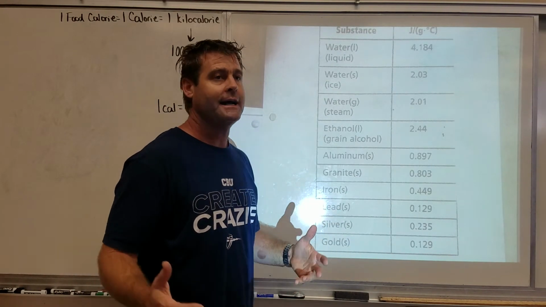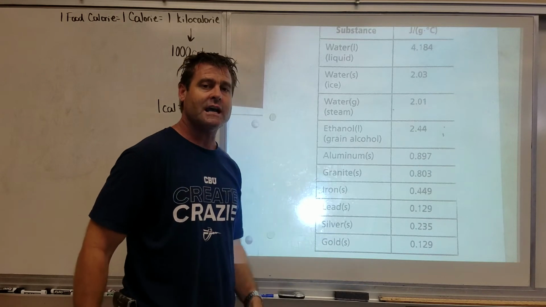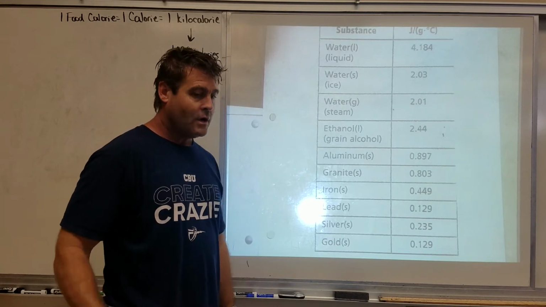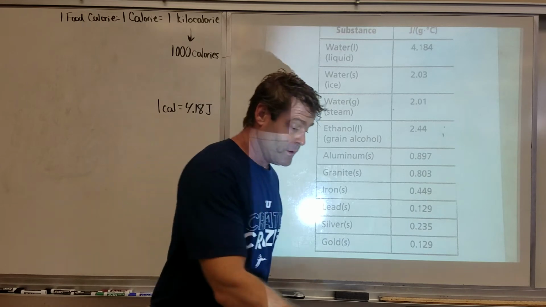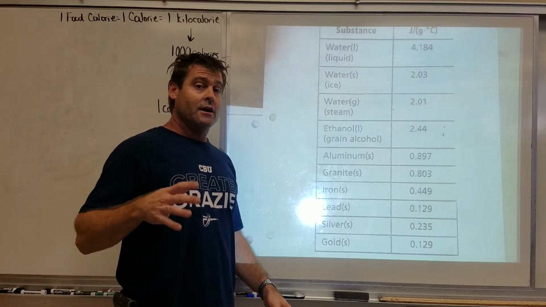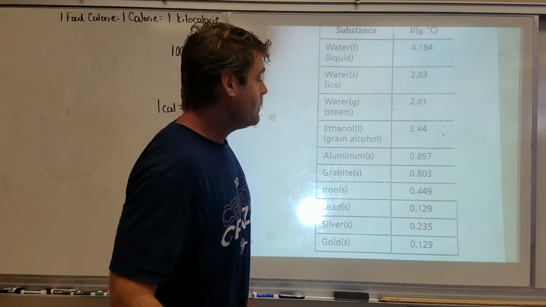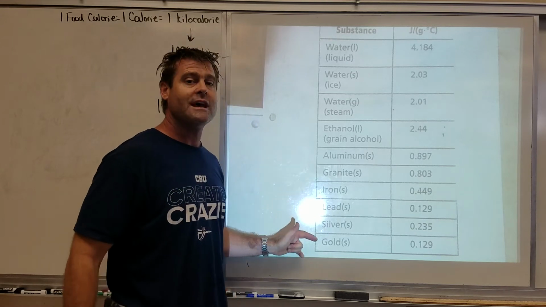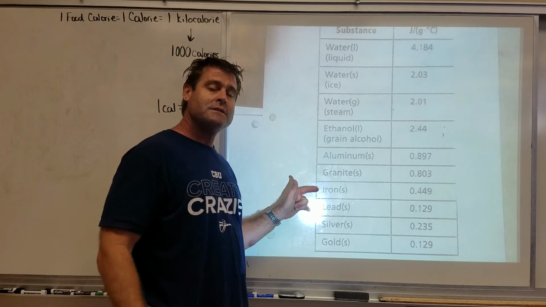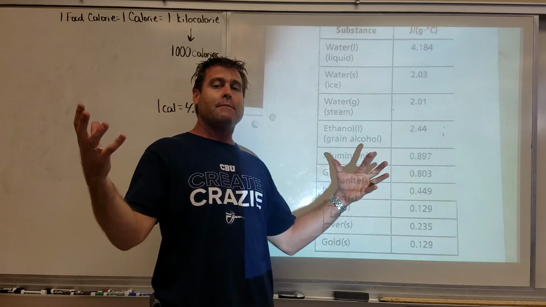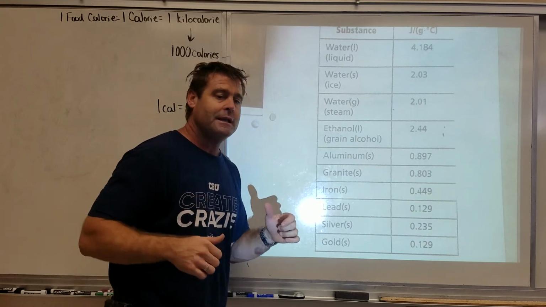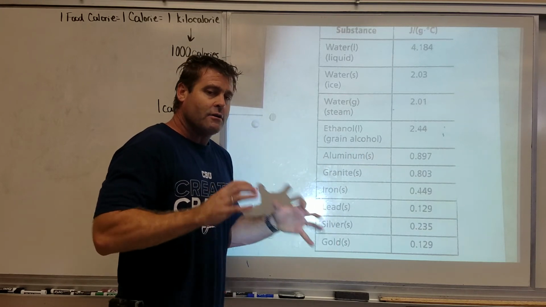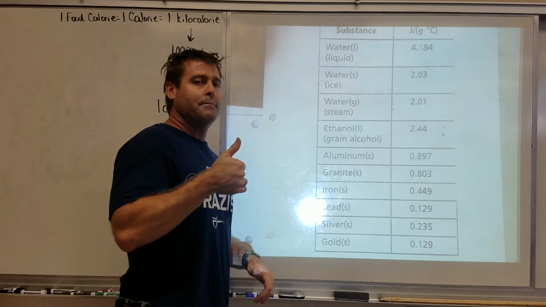Think about a hot summer day, and you see a dime on the asphalt. What do you think might happen if you go to pick it up? It's going to be extremely hot. Why? Because most metals have very low specific heat values, meaning when they absorb heat, that heat is immediately transferred to increased kinetic energy of the atoms or molecules, and the temperature shoots up.